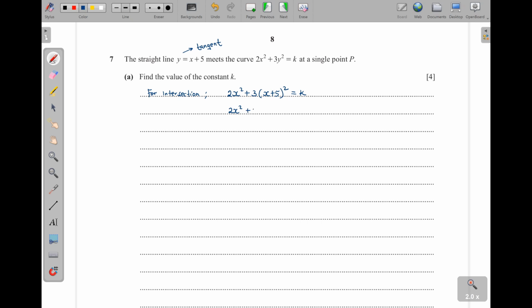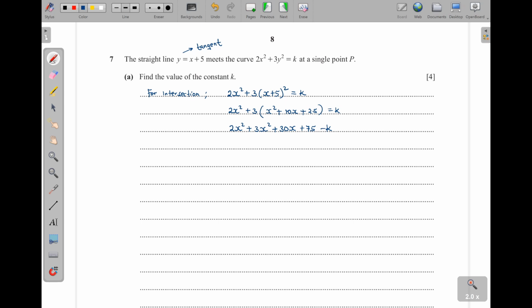Opening here, we shall have 3 into, expanding this one, we shall have x squared, then plus 2 times x times 5, that will be 10x. And then square the 5, you get 25, which is equal to k. So 2x squared, when you multiply all through by 3 here, you will get 3x squared, then plus 30x, then plus 75.